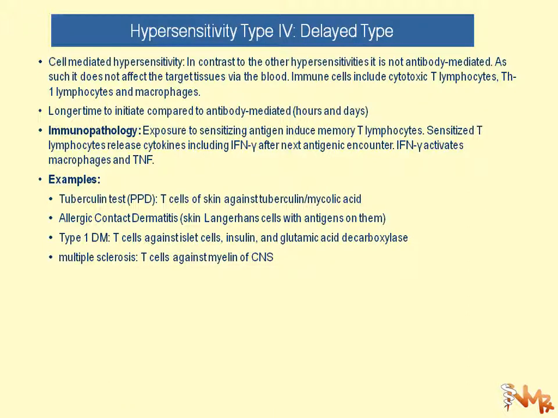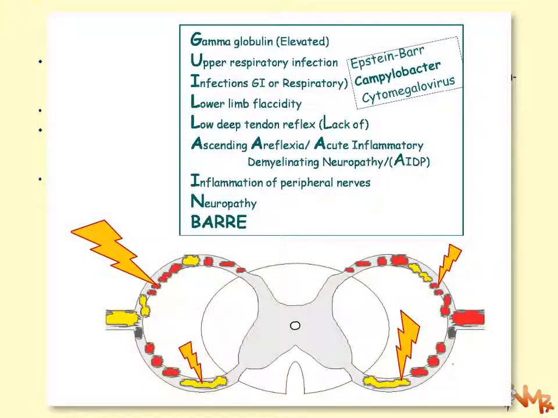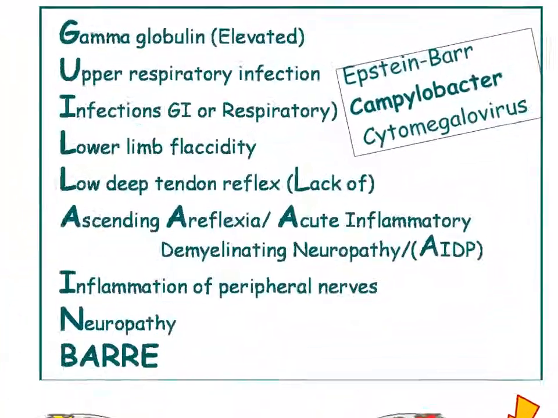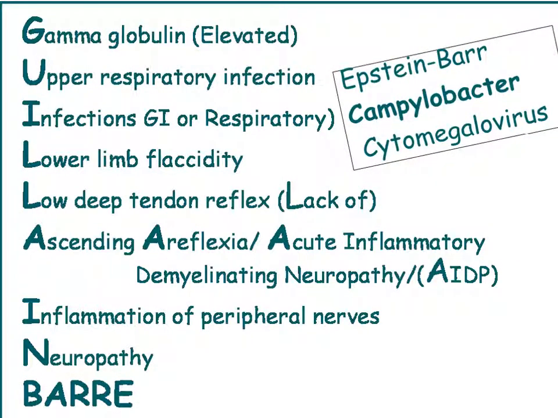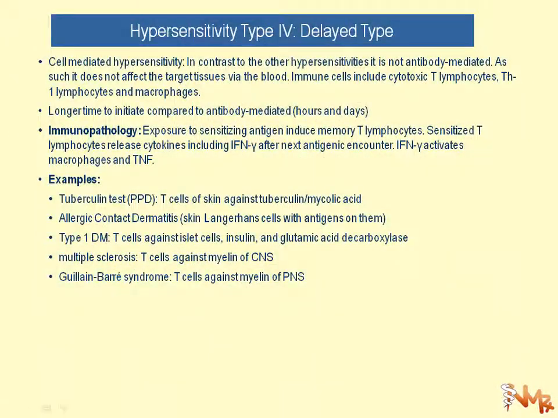In multiple sclerosis, T cells react against myelin of the CNS, and more specifically oligodendrocytes, and quite rarely against the Schwann cells. Guillain-Barré syndrome: T cells react against myelin of peripheral nervous system nerves.